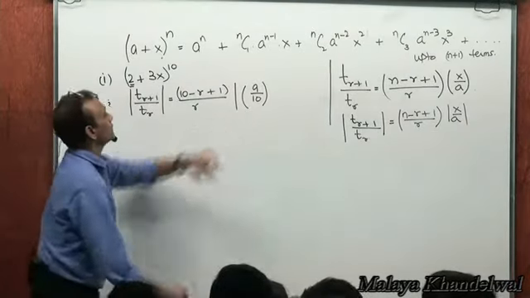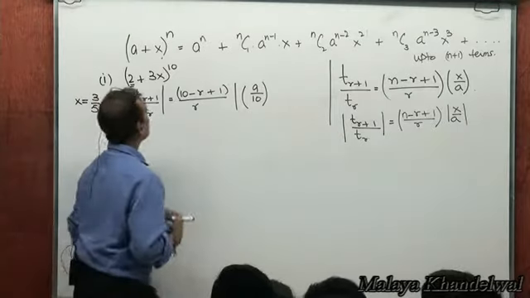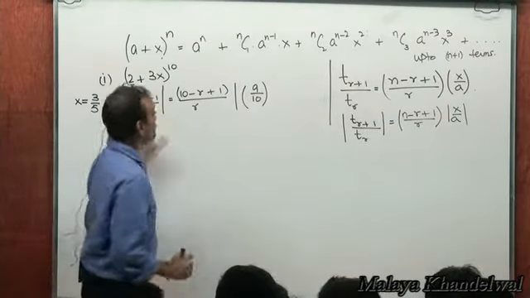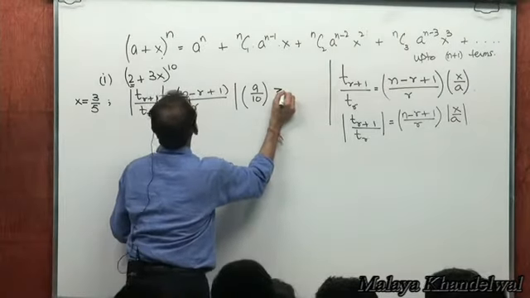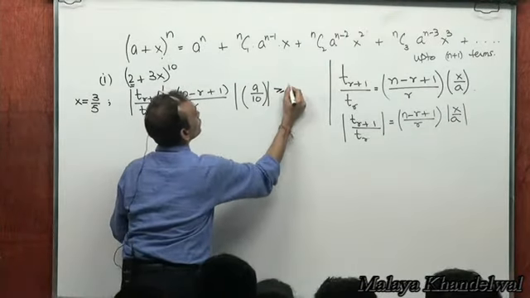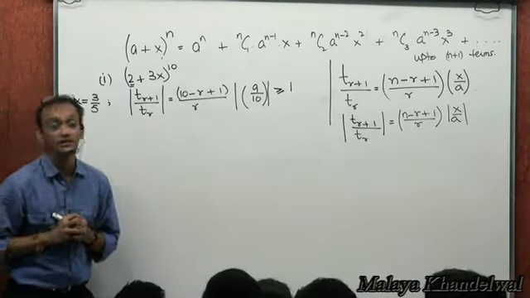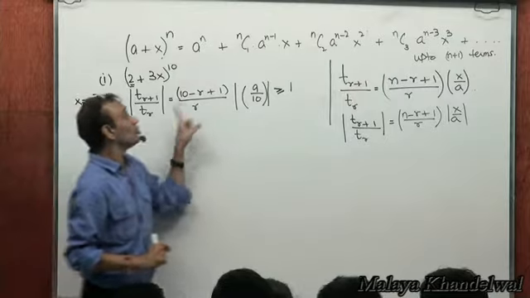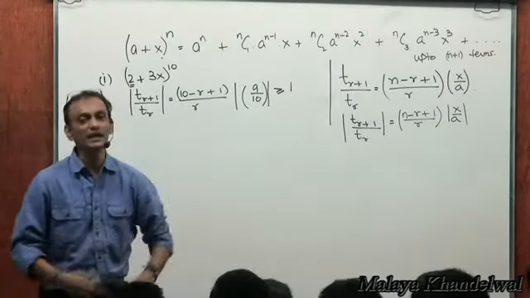Clear? Now, let's see up to what extent the next term would be larger than the previous term. The next term would be larger than the previous term when this is greater than or equal to 1. Then the next term would be not smaller than the previous term at least, because this is the numerical ratio of next term by previous term. For a certain value of r, the next term would not be smaller than the previous term.